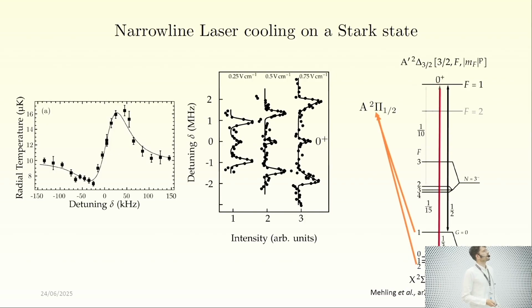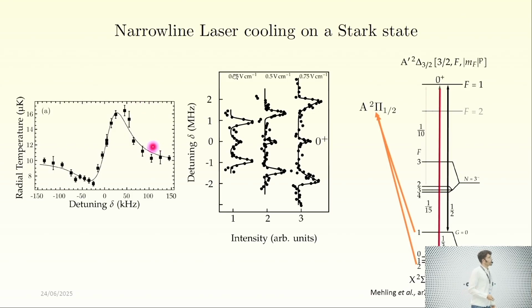And when we scan over the resonance, we can measure the temperature change of our ensemble. And when we are 150 kilohertz red-detuned, we have a temperature of 10 microkelvin, and we see a clear temperature reduction by approaching the resonance. And on the blue detuned side, we see a strong increase in temperature.